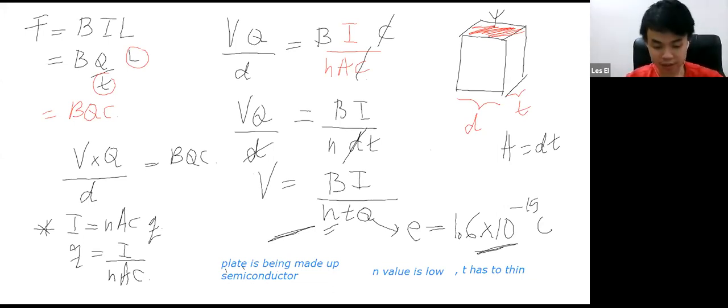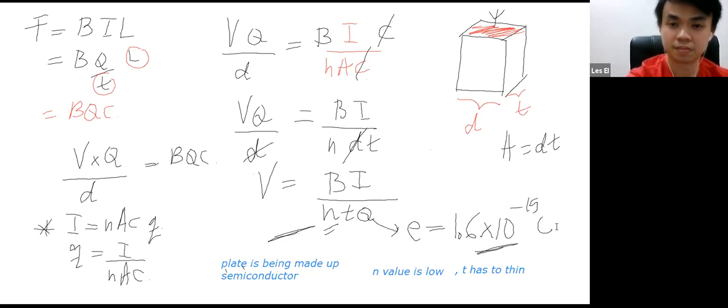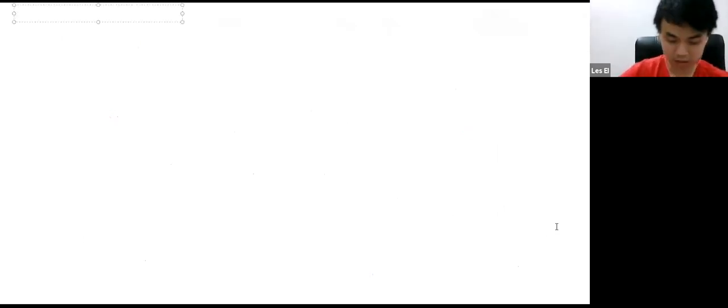Just now I mentioned, right, if you don't have the device in the science lab, then what device should you use to measure the Hall voltage? You can do this at home actually.